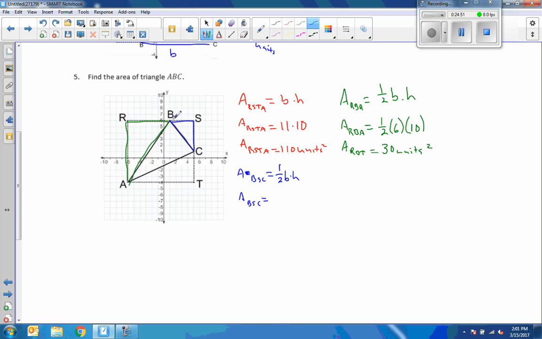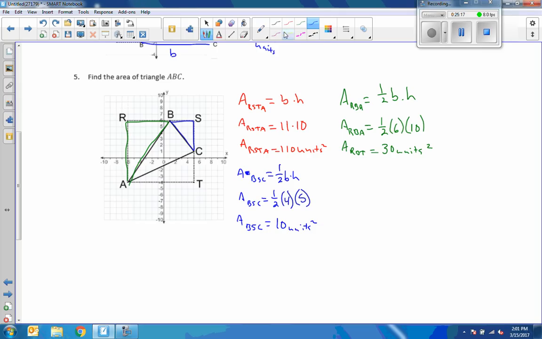The base is 1, 2, 3, 4. And the height is 1, 2, 3, 4, 5. So the area of BSC equals 1/2 of 4 is 2. 2 times 5 is 10 units squared.